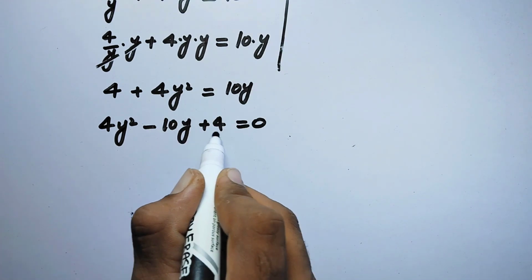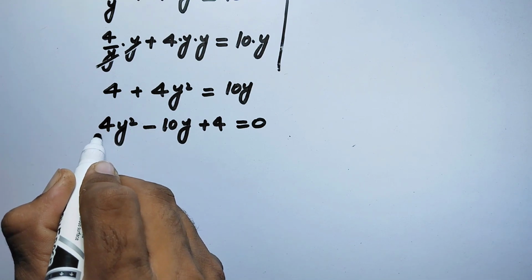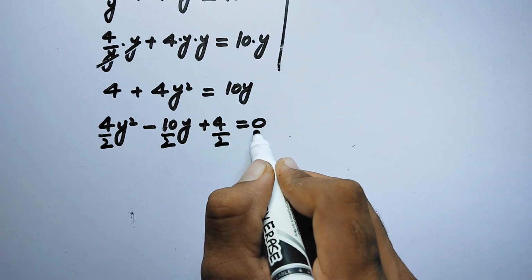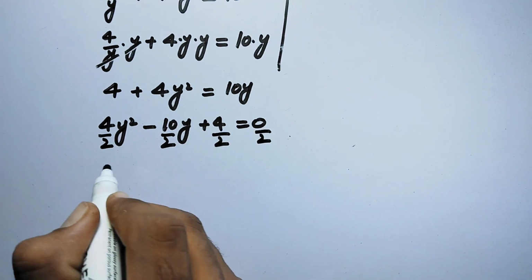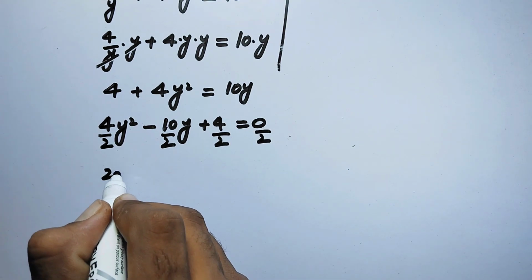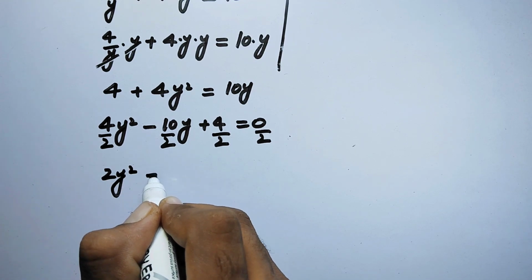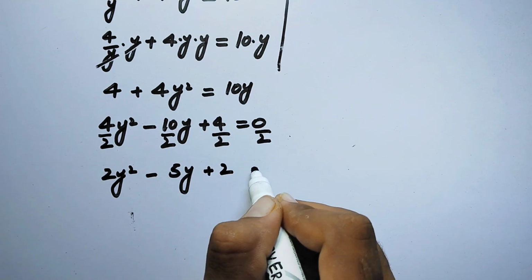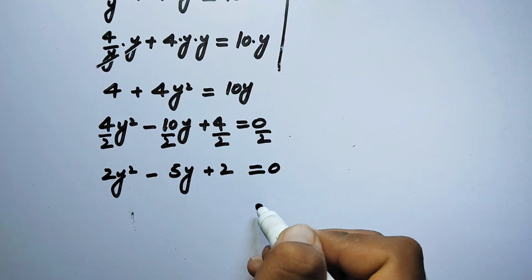Now we will divide the whole equation by 2. So now the equation will be 2y square minus 5y plus 2 is equal to 0.